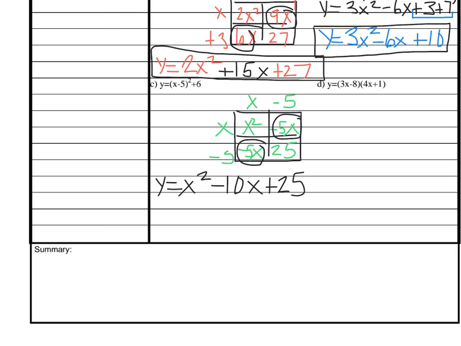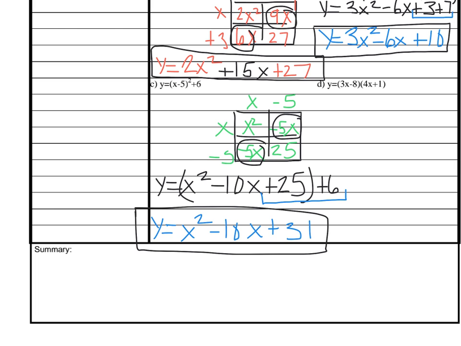We're rewriting the equation, so that's what we just got. And then we have the plus 6 there. Now there's nothing to distribute because there's nothing out front. So I move on to the last step, which would be to combine like terms. So I no longer need the parentheses since there's nothing to distribute. But 25 and 6 will give us 31. So if we write it out, y equals x squared minus 10x plus, combine these like terms here, 31. And now it is in general form.